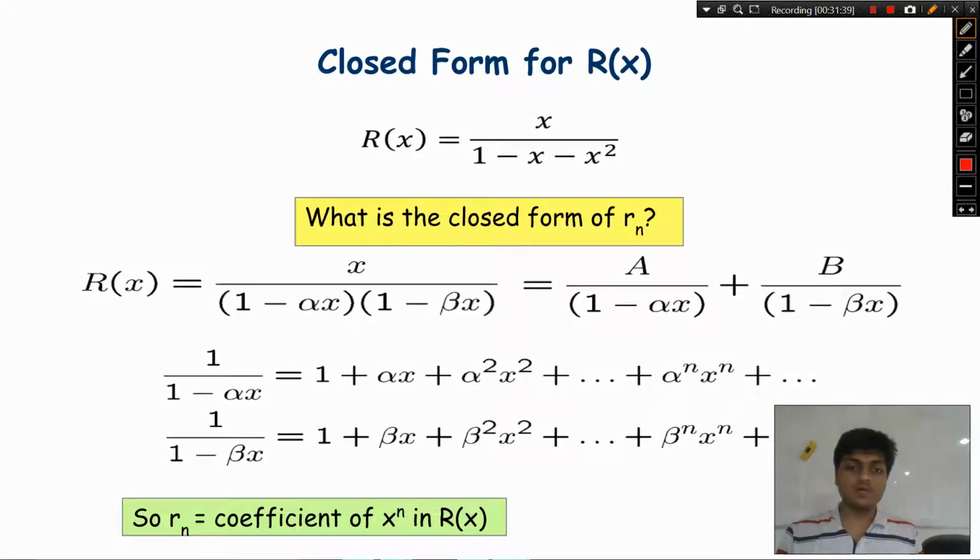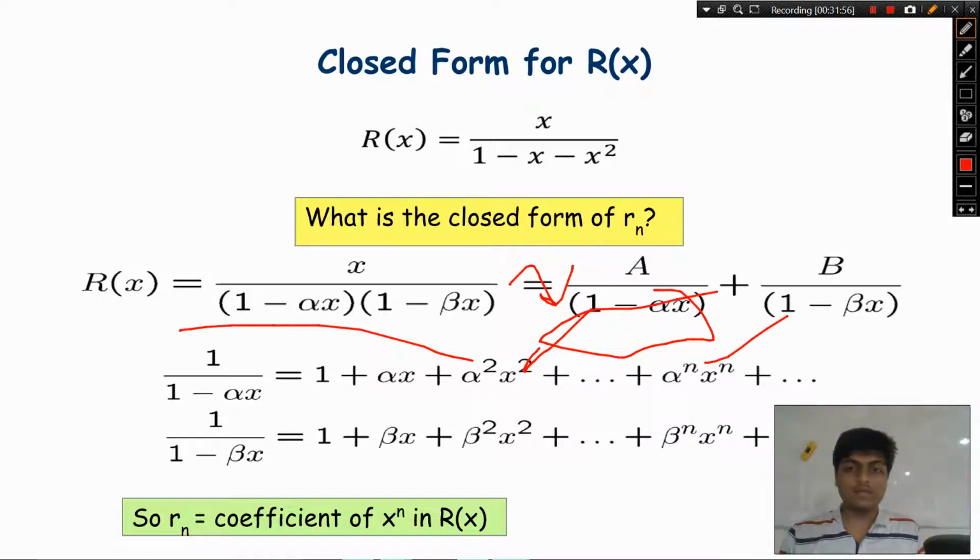Here we use the method of partial fractions to factor this expression in terms of A and B, and we know that this basically corresponds to this series and this corresponds to this series. Okay, and we want the coefficient of x to the n in R(x), because this will correspond to a_n, the nth term of the Fibonacci series.